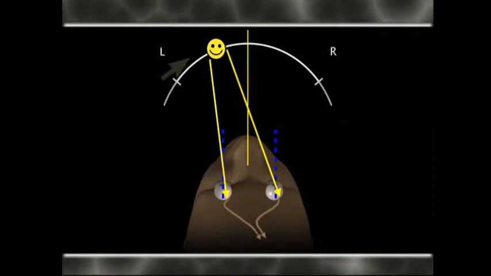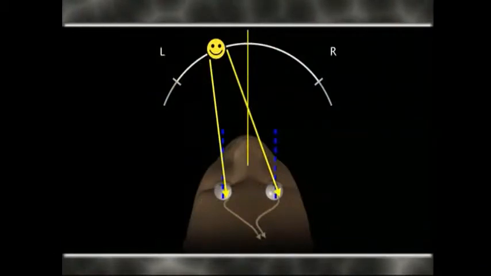What this results in is an image which is presented to the left visual field up here is going to be processed by the right side of the brain. And now you understand why, if you look straight ahead like this, it's this side of the brain that processes information from that half of the world. And an image presented here will be processed by this side of the brain. And it's because of these specific projections and what crosses and what doesn't cross.